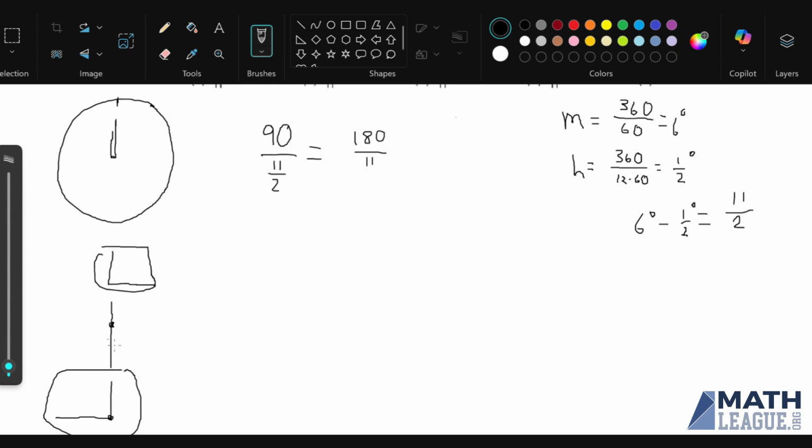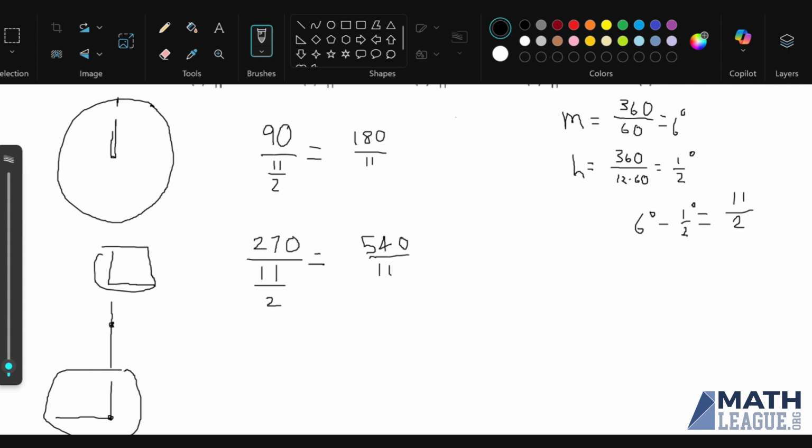So we don't care about the 180 over 11 over 2, but we do care about 270 over 11 over 2, or 540 over 11.